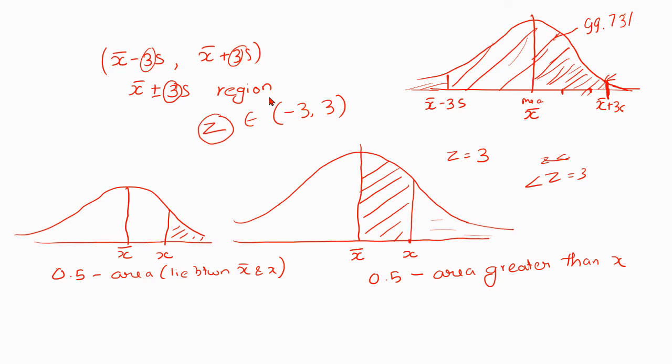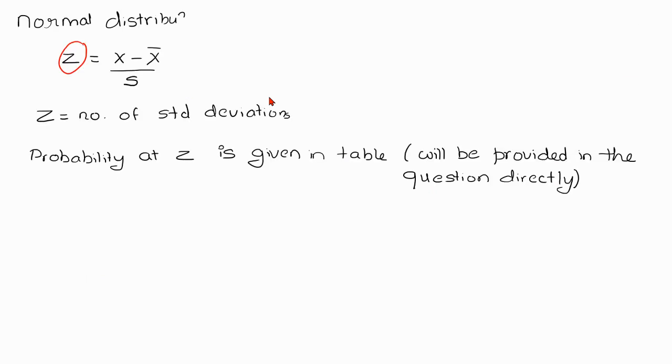But most probably in the exam, the tabulated value will be given directly. We'll see how the question is framed in these cases. First, this z is the number of standard deviations, and we know that this value should lie between -3 to 3. Sometimes it may cross this 3 value because of some human error, and that is accepted in some places.